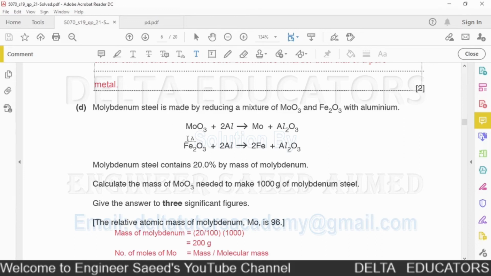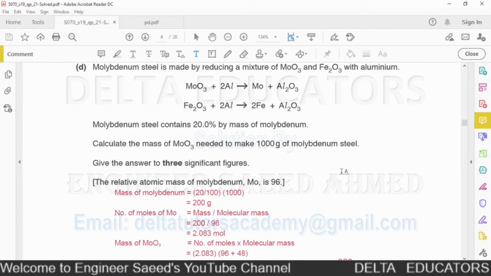Calculate the mass of molybdenum oxide needed to make 1000 gram of molybdenum steel. Give the answer to three significant figures. The relative atomic mass of molybdenum is 96. Here we have to find out the mass of molybdenum oxide.